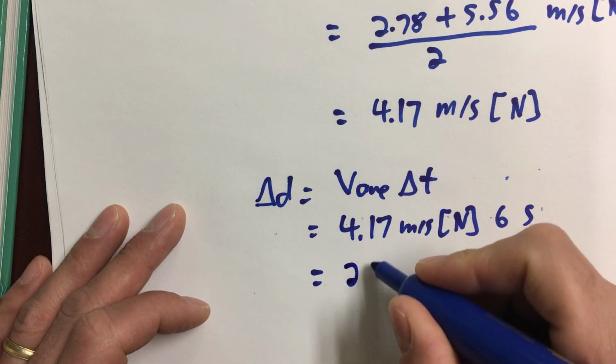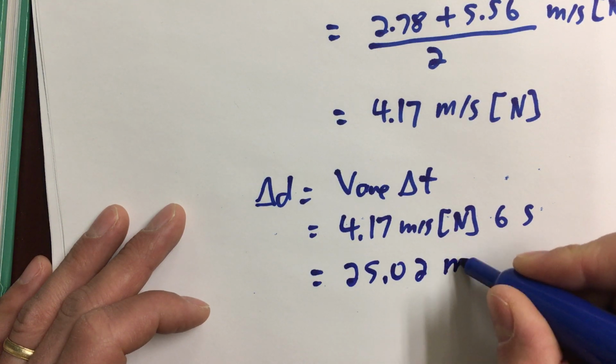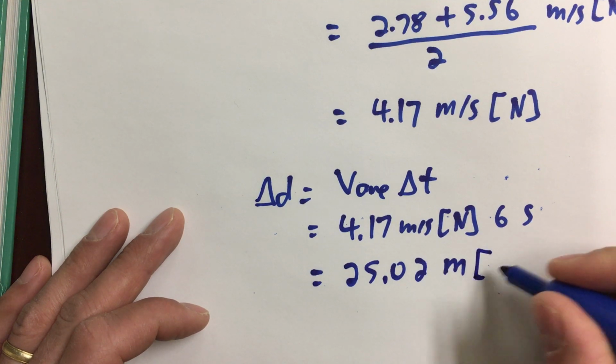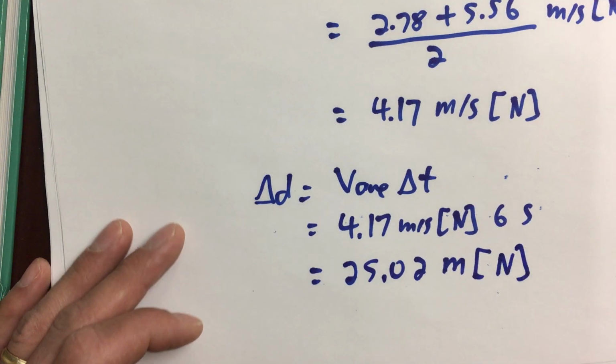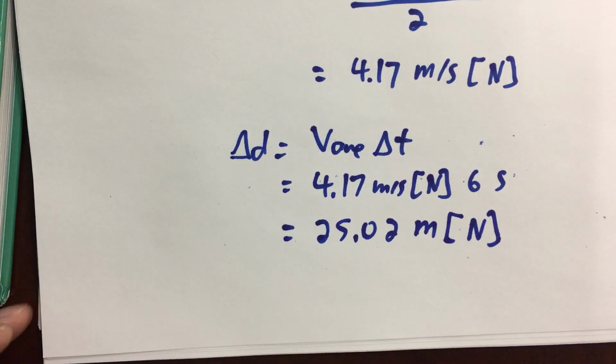So it is 25.02 meters. See, the seconds cancel out and the direction stays the same. So we've traveled 25.02 meters north in that time.